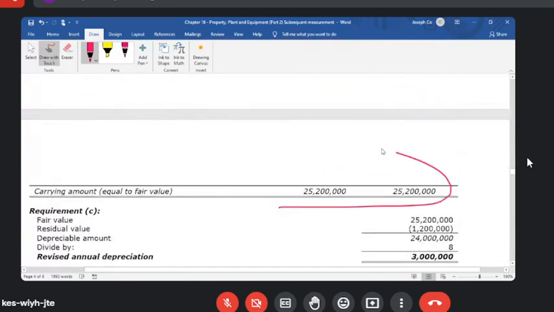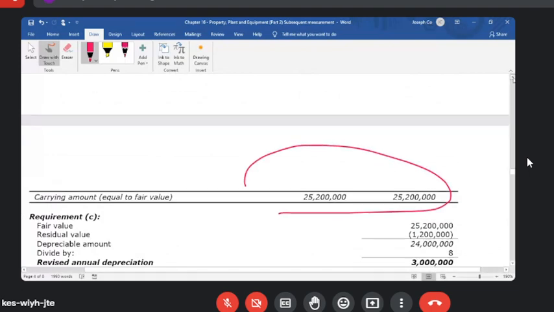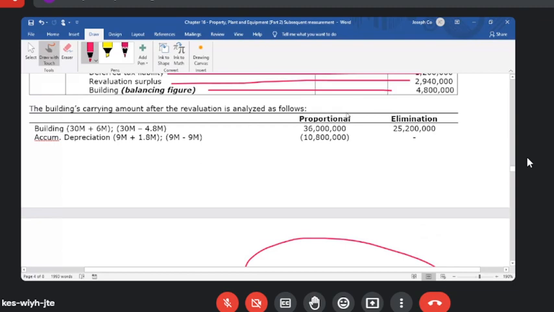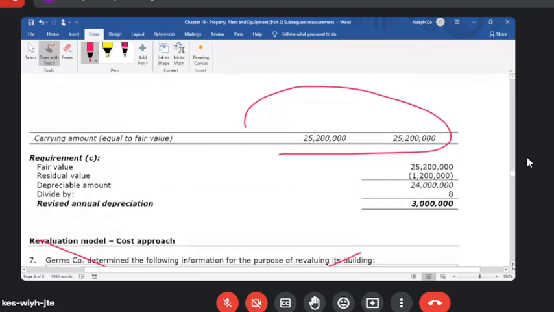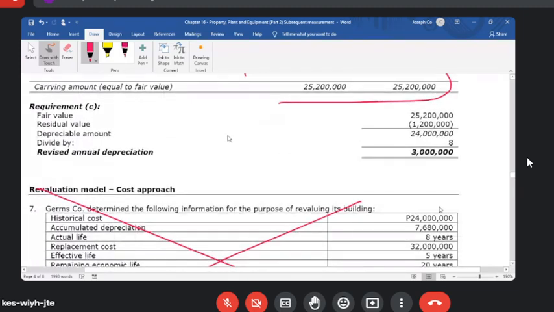The answer is the same whether proportional or elimination. And then the revised annual depreciation: revalued amount minus salvage value, divided by the remaining useful life, annual depreciation is 3 million.